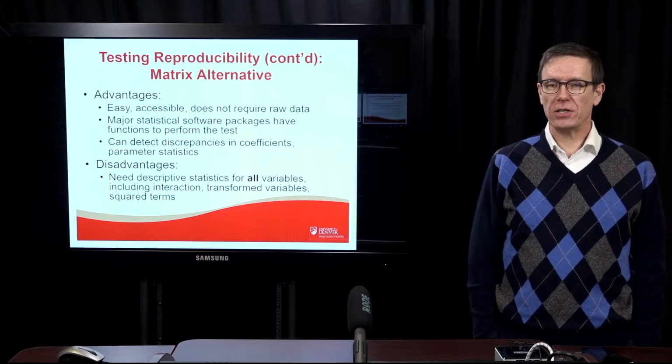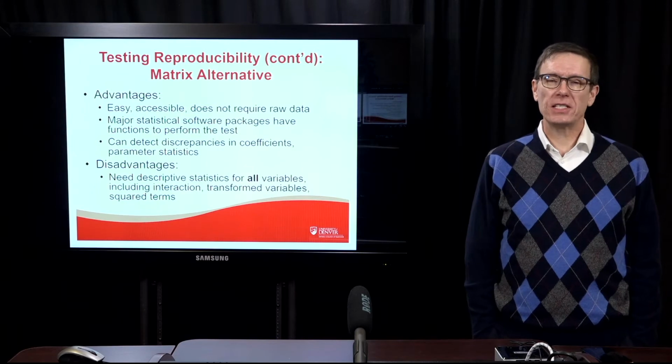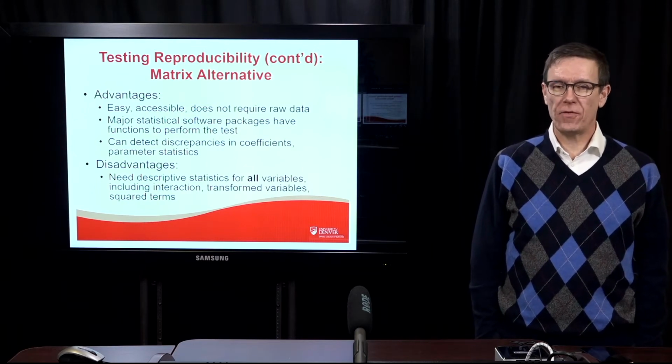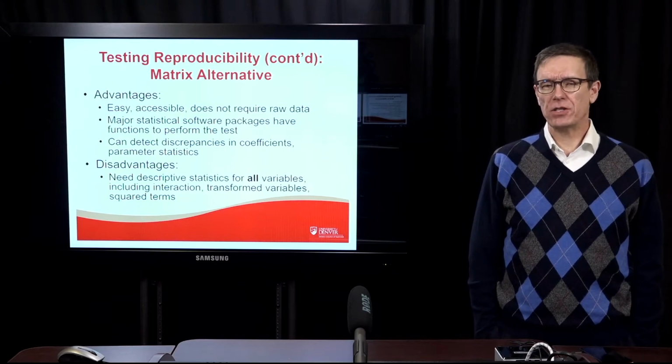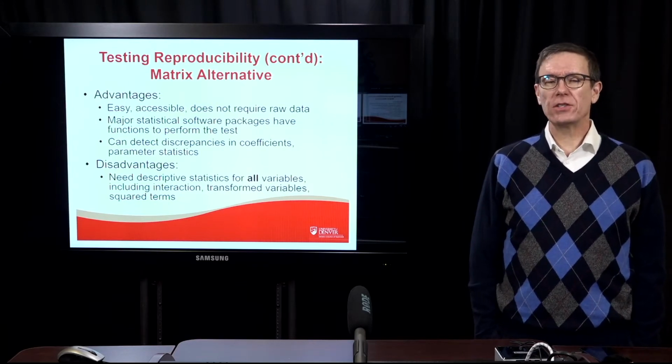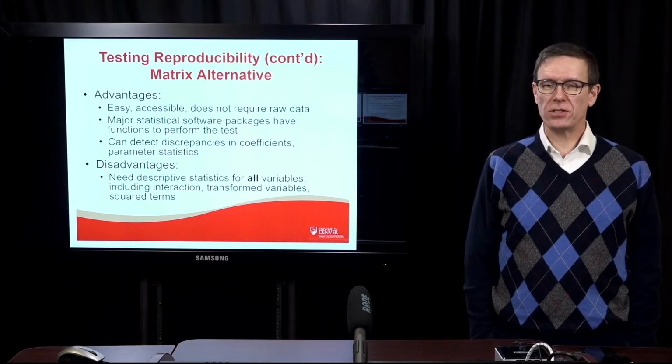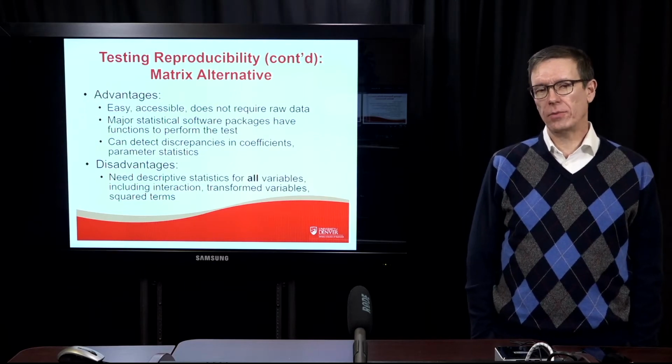Most major statistical packages have this, and it allows you to examine whether there are any discrepancies in the coefficients or the parameter statistics. A couple of disadvantages: one I mentioned is we need descriptive statistics, those means, standard deviations, and correlations for all the study variables.